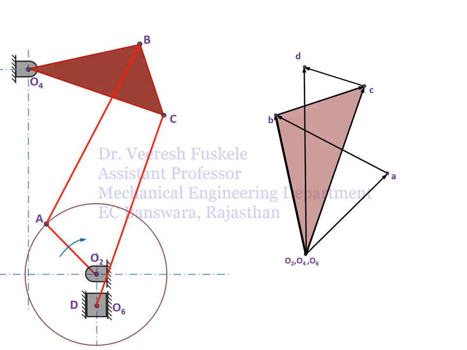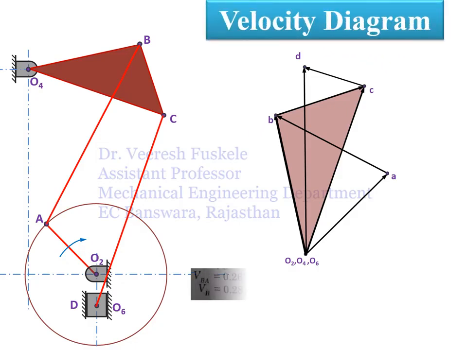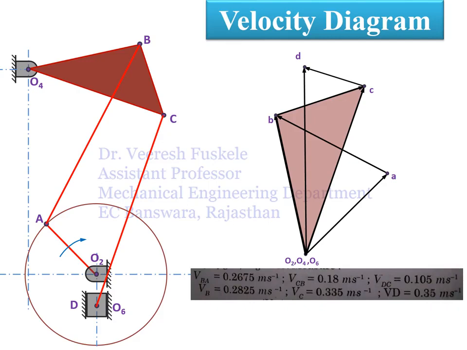So this is the velocity diagram of this mechanism, and we get the velocity by measuring the velocity vectors. We get the velocities of each and every link of the mechanism as follows. So velocity of link AB will be 0.2675 meter per second.